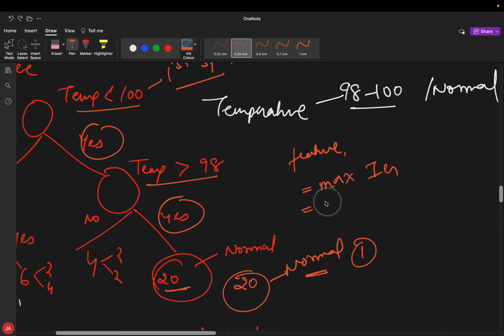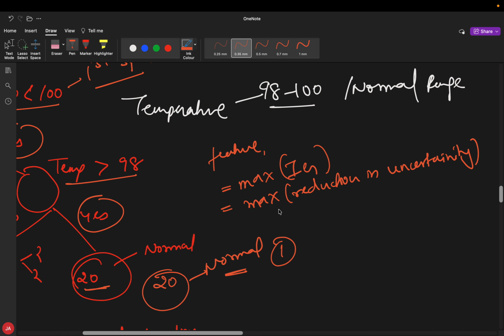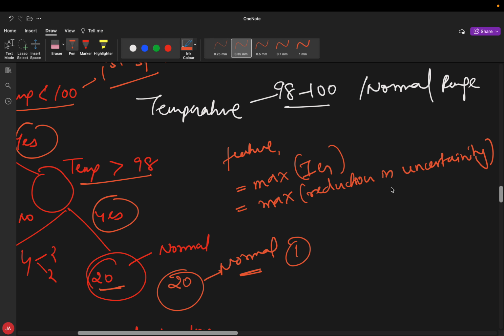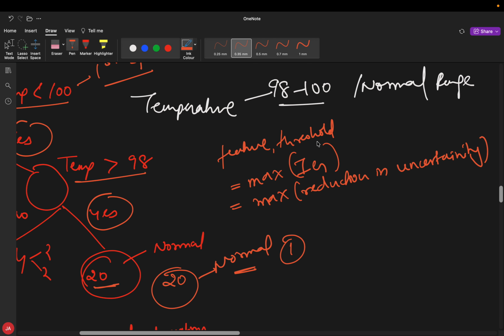Maximum information gain or maximum reduction in Gini, in uncertainty, that feature threshold would be my splitting condition.